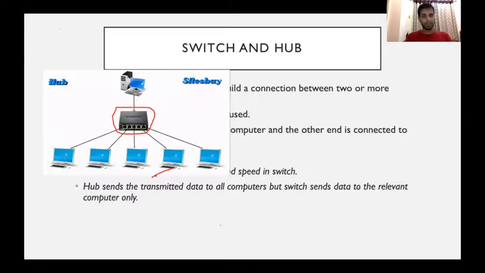For example, C wants to send this data to A. What is happening is the hub is sending to all. The transmitted data will be sent to all the computers.